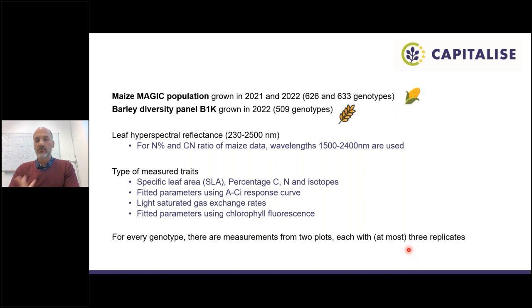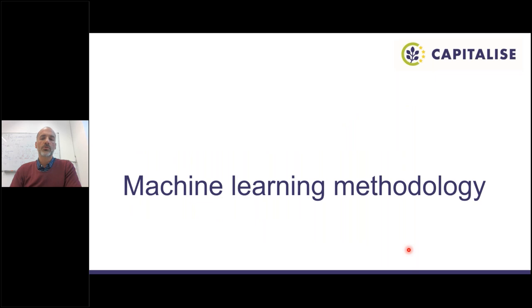So this data clearly are very rich and allow us to address the 3 questions which we started off with. But I mentioned that we have a methodological question that deals with the machine learning aspects of the work. So what is the methodology that we base this research on?